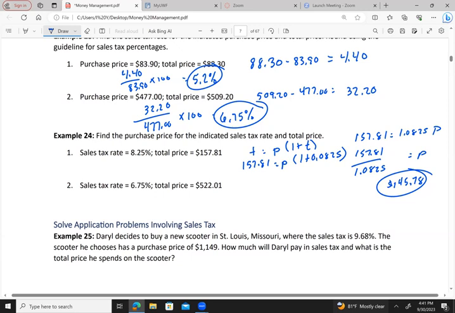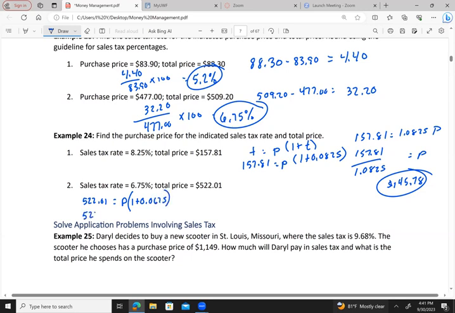Okay. Next, we have a sales tax rate of 6.75% and a total price of 522.01. So we have 522.01 is equal to my purchase price times 1 plus 0.0675.